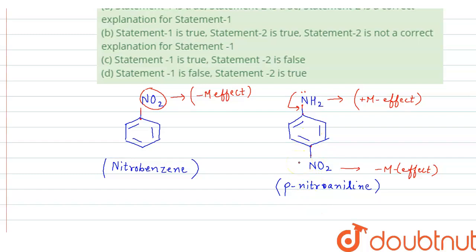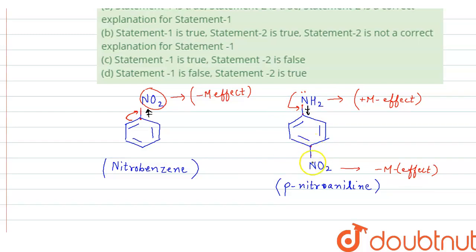Now always remember, when we draw bond dipoles, the direction of the bond dipole is in the direction of the movement of electrons. Now we have NO2, so it will withdraw the electron towards itself, so the direction of bond dipole will be like this. And in NH2, electron will move inside the ring, so the direction of this bond will be like this.